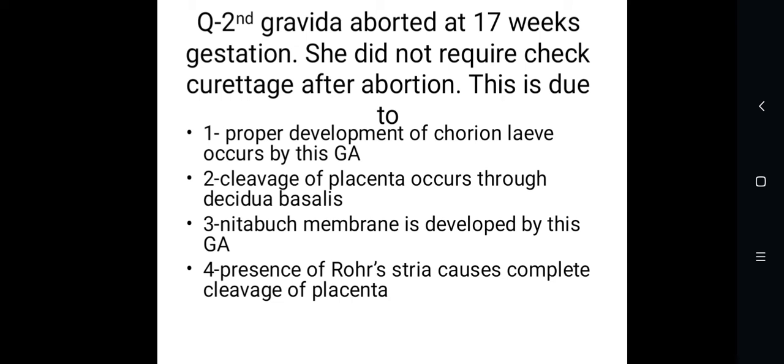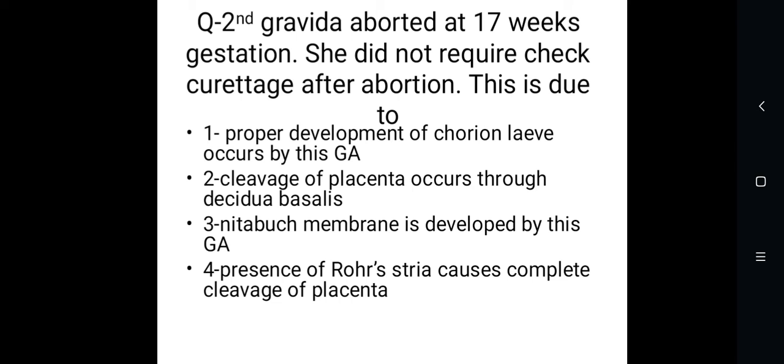When this layer is fully developed, the placenta is fully developed, and when the cleavage occurs, it occurs because of this Nitabuch membrane. There is no haphazard trophoblastic invasion. It is completed by this age, and when the cleavage occurs, it occurs fully. So this answer is correct, because the Nitabuch membrane is developed by this gestational age.